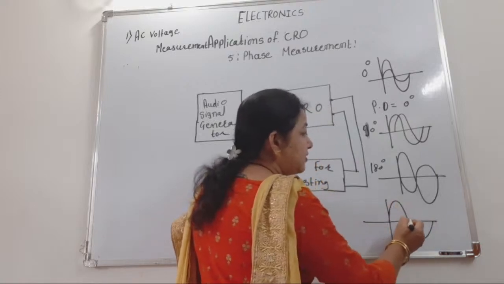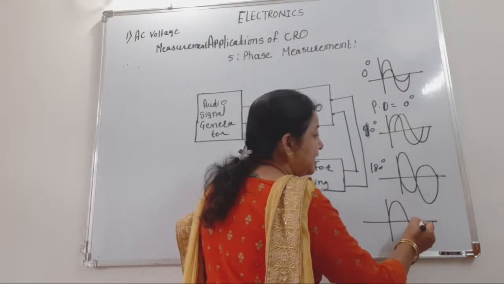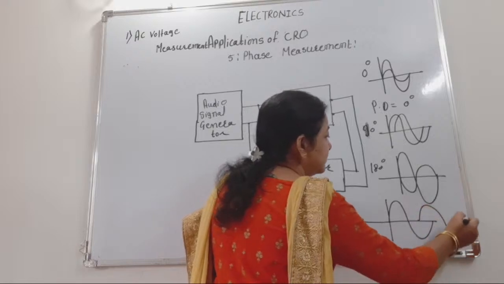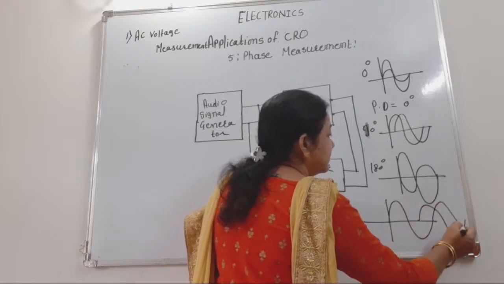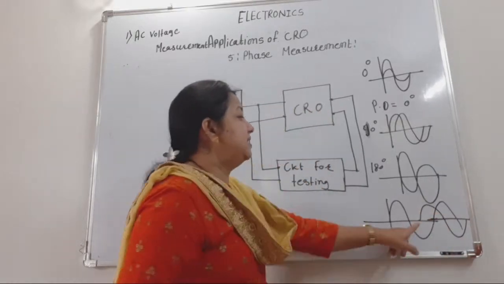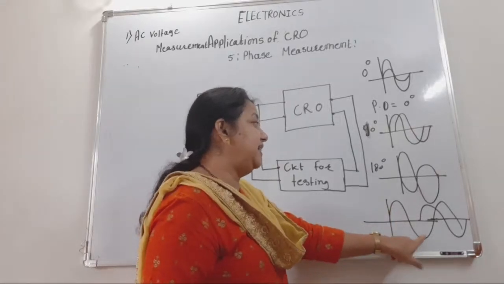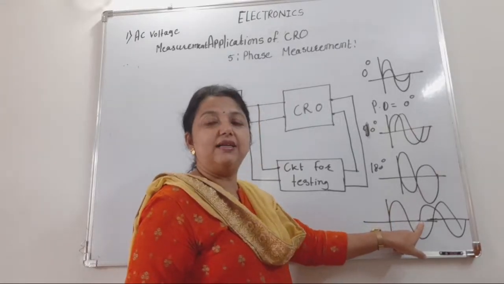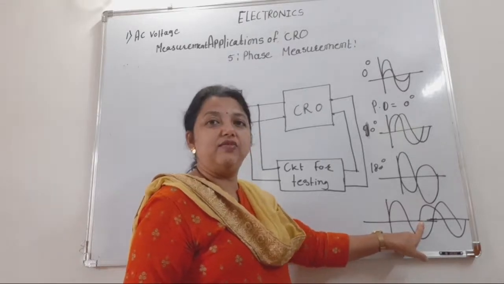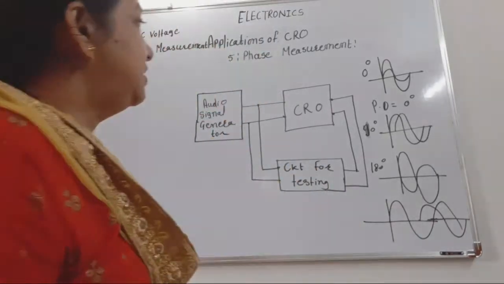Now here first wave completes 270 degree, and when it completes, then another wave starts. That is known as 270 degree. Phase difference is 270 degree. Okay. So these are the different phase differences.